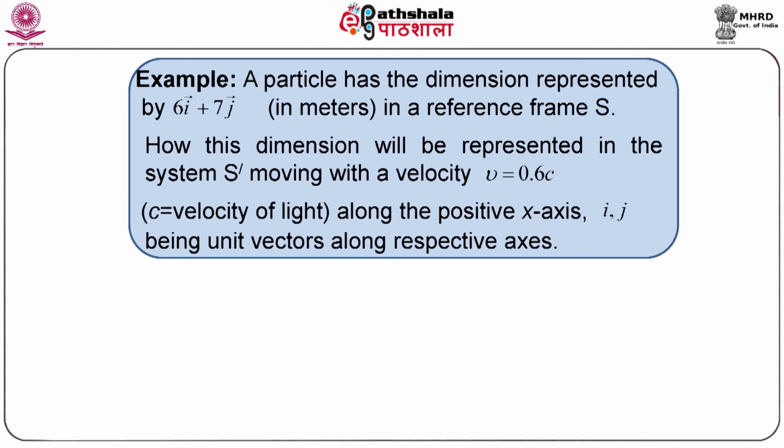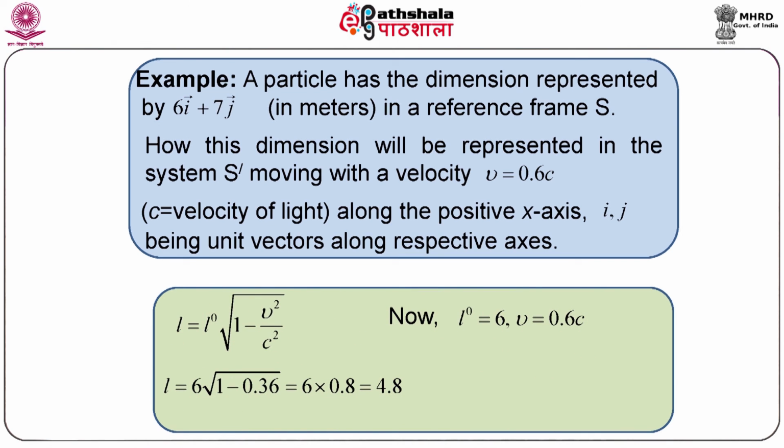These are measured in meters in a reference frame S. How will this dimension be represented in the system S dash moving with a velocity v equal to 0.6 c, where c is the velocity of light, along the positive x axis? i and j are the unit vectors along respective axes.